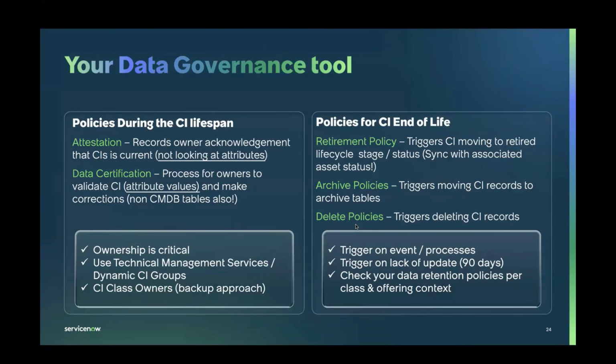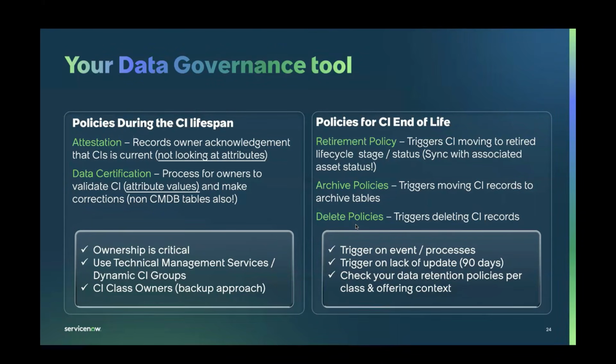Now, your data governance tools that we have during the lifespan are two key features, which are attestation and data certification. And they're different, and they accomplish different tasks for the users. I can't tell you how many times customers have asked me about the difference, and I hope this helps to clarify it for you. And you can basically use these features more, I would say, to benefit your processes.